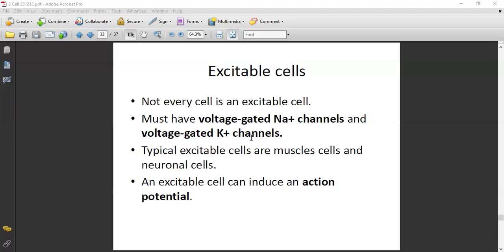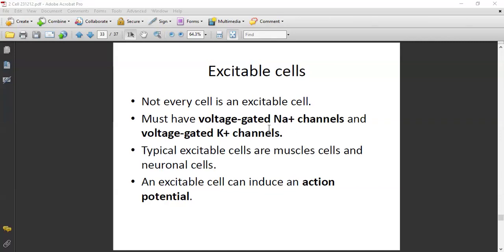When they have these two channels, they are excitable, because these channels are voltage gated. They are sensitive to the membrane voltage, so they can get triggered by a stimulus.